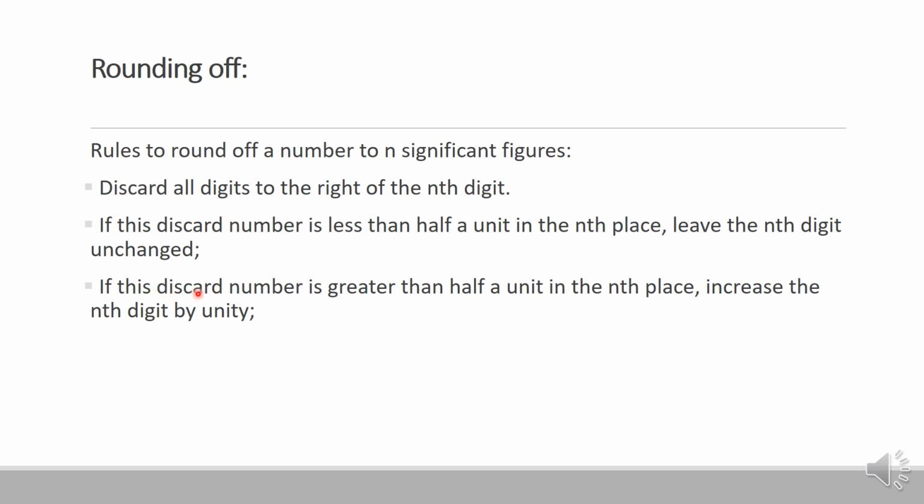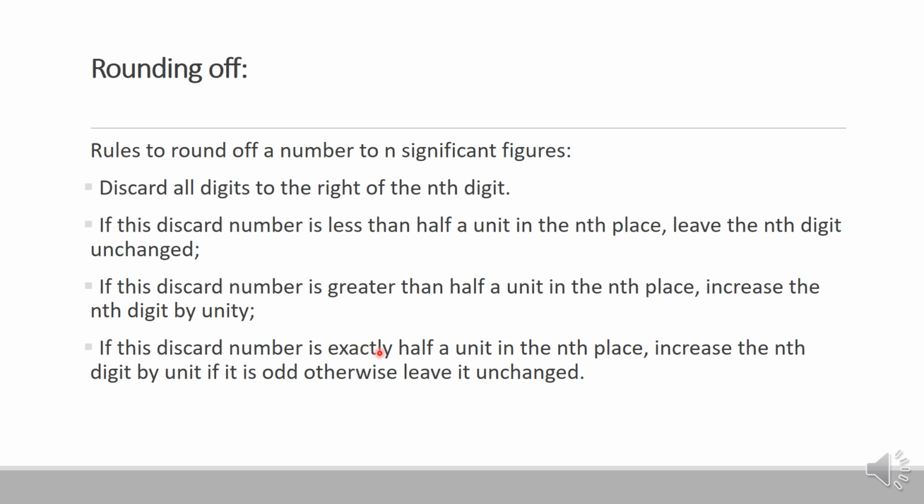If this discarded number is greater than half a unit in the nth place, then increase the nth digit by unity. If it is exactly half a unit, then increase the nth digit by unity only if it is odd, otherwise leave it unchanged.